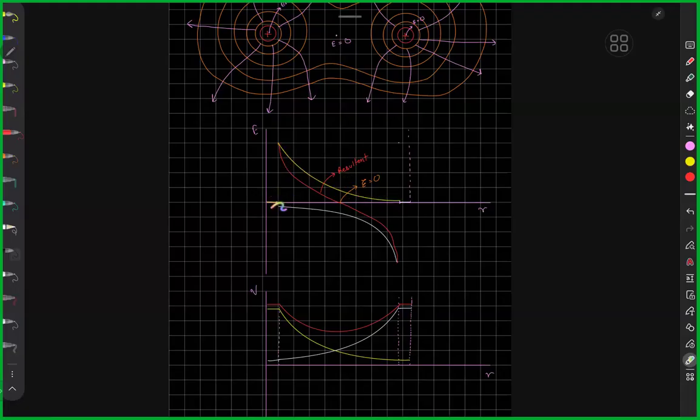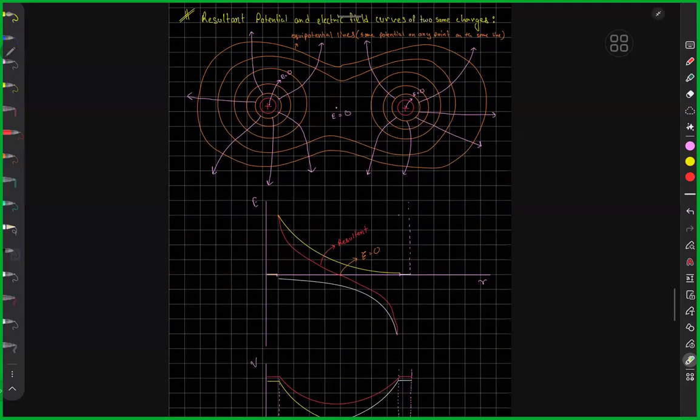Inside the sphere, it's 0. Near the surface, it's maximum and the electric field strength decreases with a decreasing rate. So initially the decrease is sharp and eventually the rate of decrease of electric field strength is less. Simply y is equal to 1 by x squared relationship. Okay. So that's what we are following.